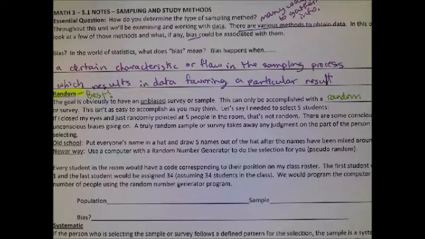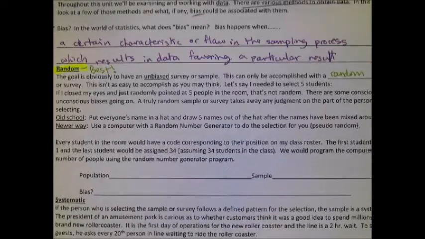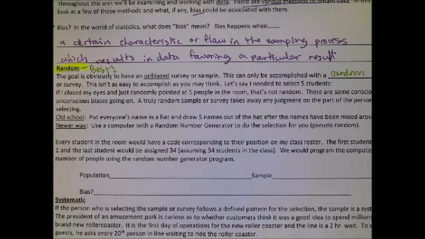I want you to go ahead and read the next little scenario. I want you to think about who we're taking people from, so our overall population, and our sample, and our bias.